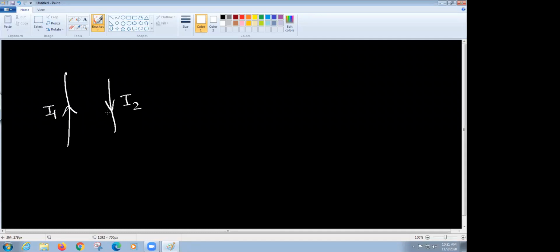Say this is MN. This also can take a finite length wire, not a problem. I don't take AB, let me take some PQ. In this case, I1 is up, I2 is down like this. Say the distance of separation is R. Now find the force formula for this, and also its vector.